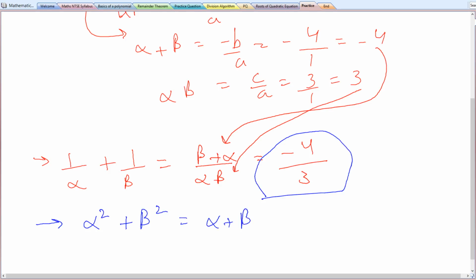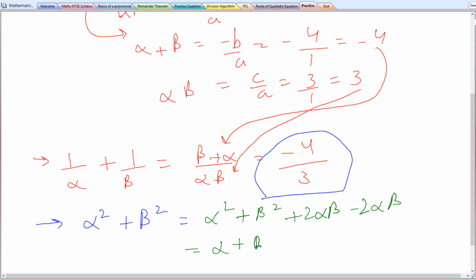Alpha plus beta whole square. Let's do this another way, so that even if someone has not understood, they can grasp this easily. What I can write is alpha square plus beta square plus 2 alpha beta minus 2 alpha beta. I just added and subtracted the same value so that the equation remains the same.